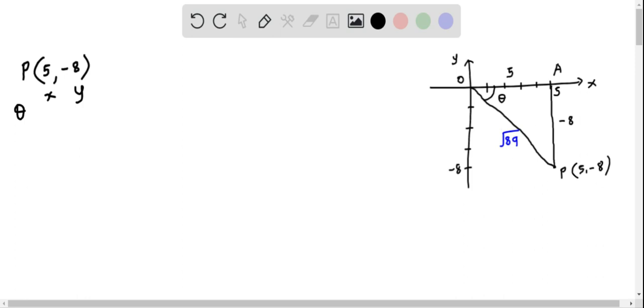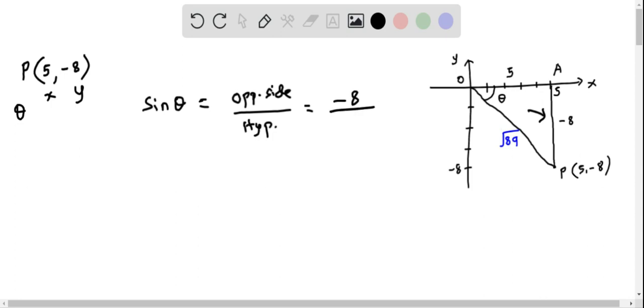So now in the right triangle, we know all the sides, that is OA equals 5, AP equals -8, as well as the hypotenuse OP is square root of 89, which means we can now determine all the trigonometric ratios. First, let me start off with sine theta. The sine theta equals, according to SOH CAH TOA, opposite side over hypotenuse. The opposite side is -8, divided by the hypotenuse, square root of 89.